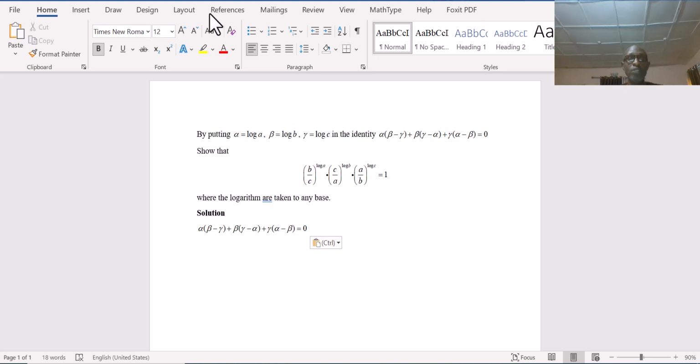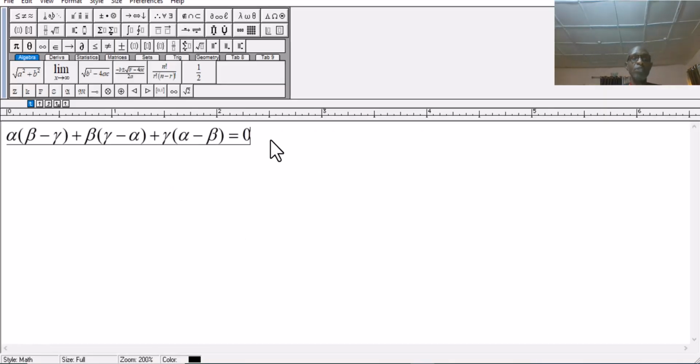The question is quite simple. What we just need to do is to substitute the values we have been given from the question. We have been given that alpha is equal to log A, so I'll just put that.